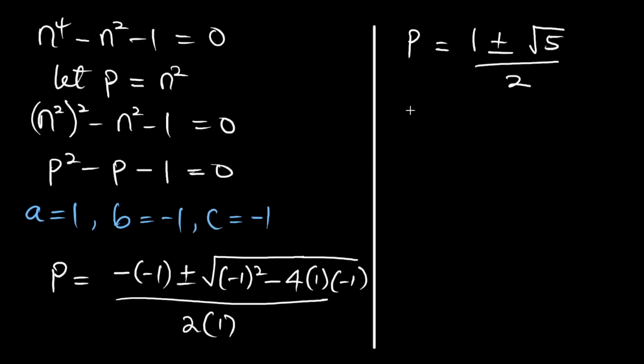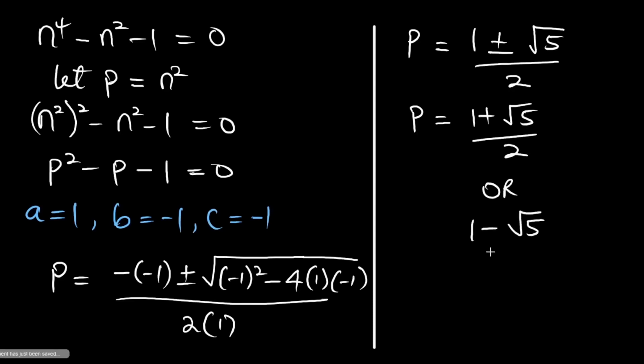Okay, now I have here that p is equal to 1 plus root 5 all over 2, or another solution for p can also be 1 minus root 5 all over 2. Now let's look at these two solutions. So if I were to simplify this, I'm going to have a negative number because root 5 is about 2 point something.